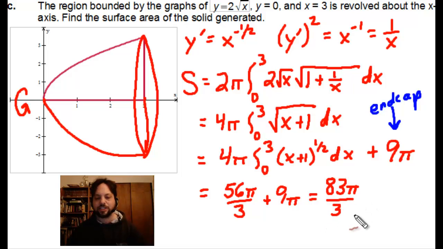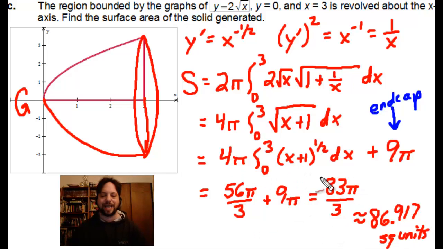Now, if you did this using your calculator or you wanted to decimalize it, this should come out to about 86.917 square units. But again, you should have been able to do all this by hand and come up with the 83 pi over 3.